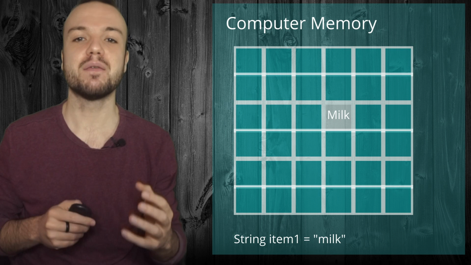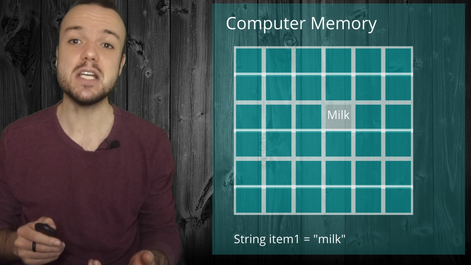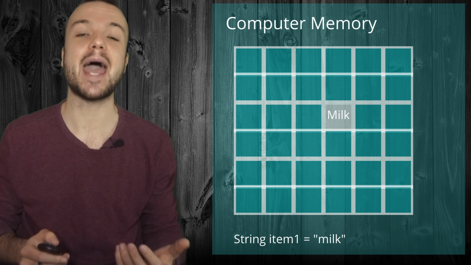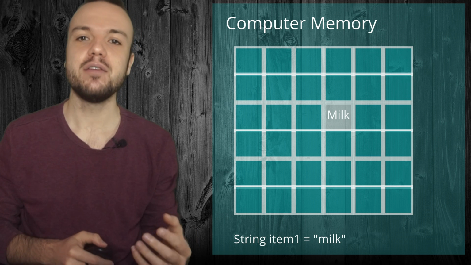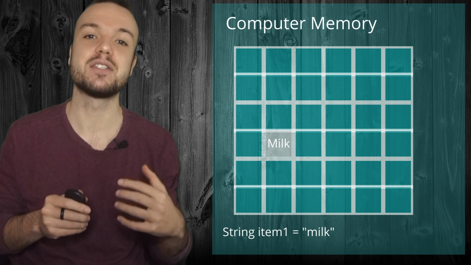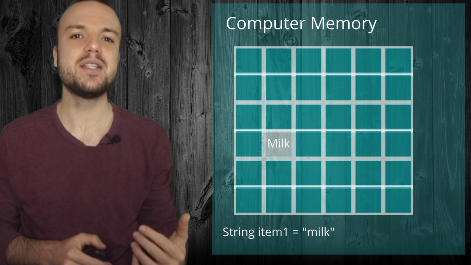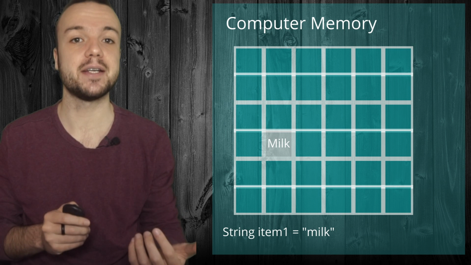Every time we create a new variable, the computer will decide where to store it. So if milk ends up here, item 1 will be linked to the address 4x4, which is the coordinate of the cell. If milk ends up here instead, the variable item 1 will contain the address 2x3. So when we need to read the value of item 1, the computer will know where to find it.